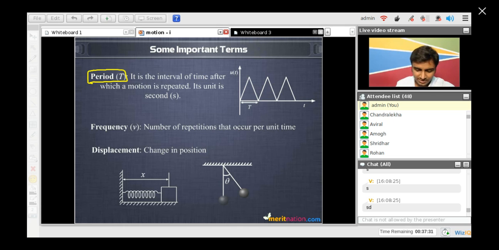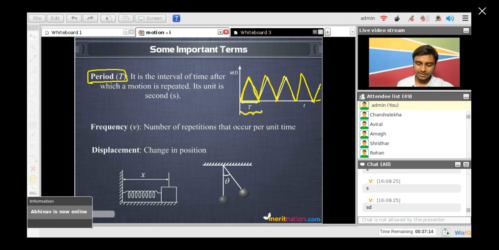Let's say this is the graph, in which this is one cycle, this is another cycle, this is the third cycle, fourth cycle, and so on. The time taken to complete one cycle is equal to the time period.